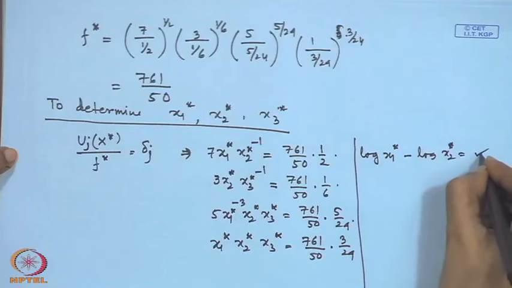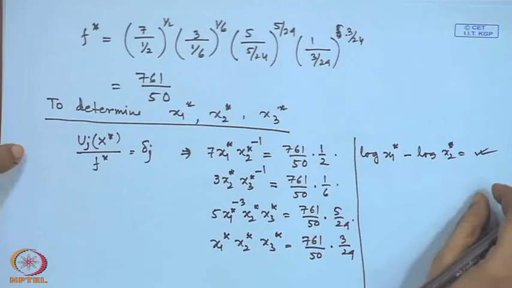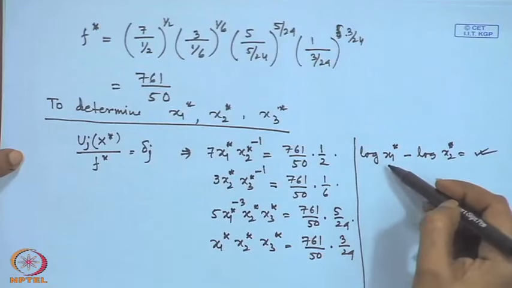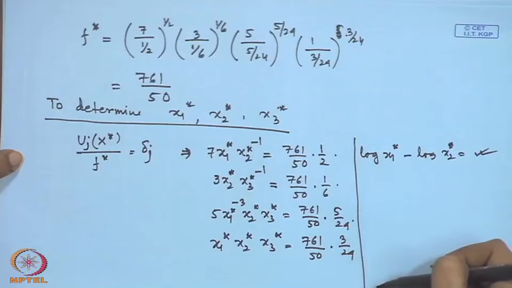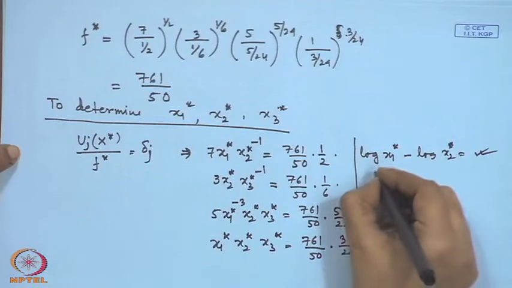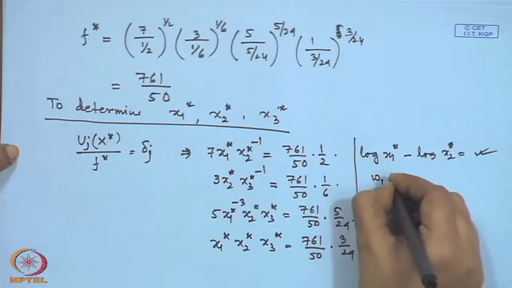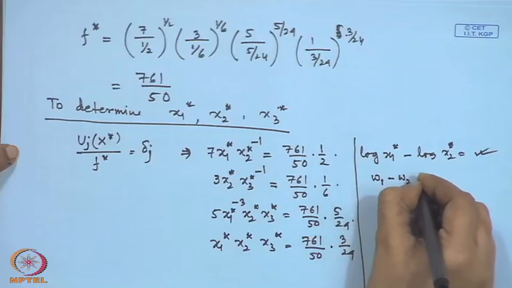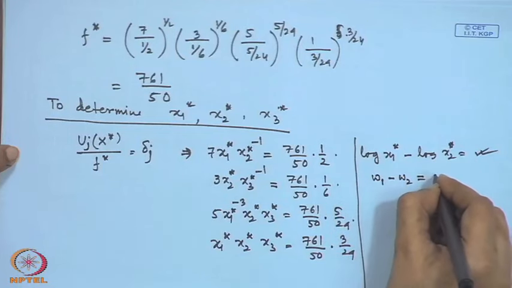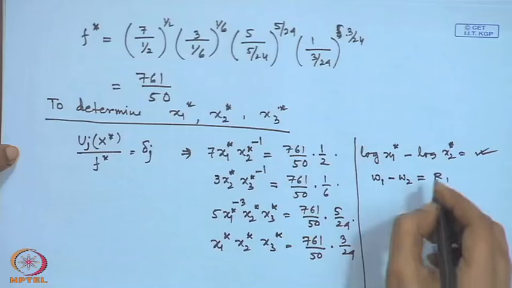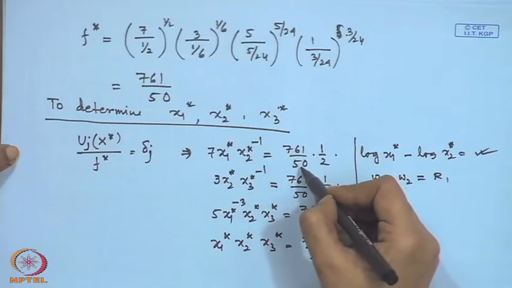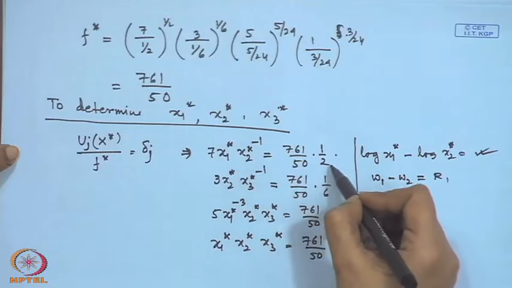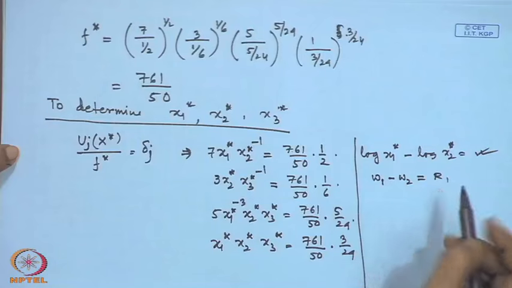Thus, from this set we will get another linear equations, and rather we can say this is in the form of W1 minus W2 is equal to some value, say R1. R1 is equal to 761 by 100, 100 into 7, 700, that is your R1.